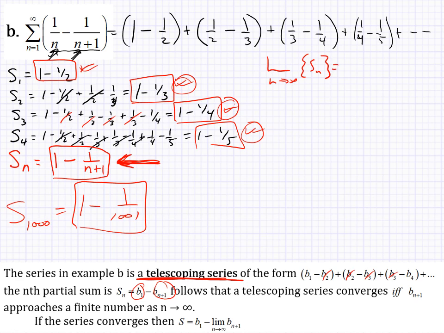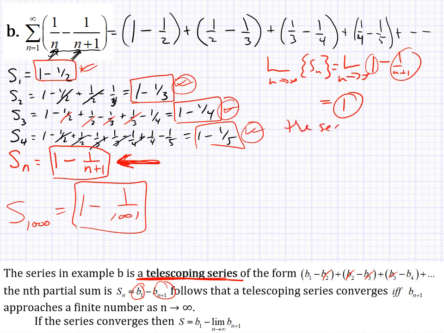So if we're doing that, which we do have, we take the limit as n goes to infinity of 1 minus 1 over n plus 1. If you did that limit, the limit of 1 is just 1. 1 over n plus 1 as n goes to infinity goes to 0. So we just get 1. So this sequence of partial sums converges to 1.